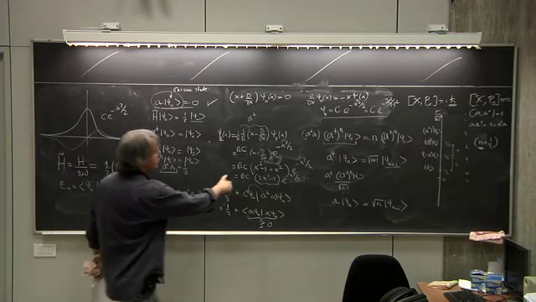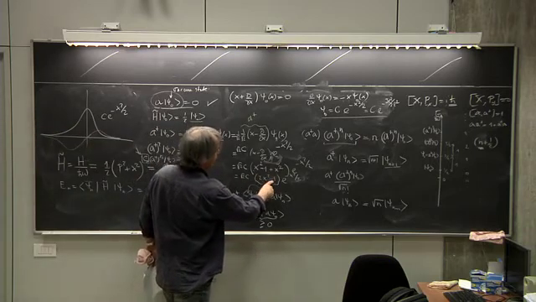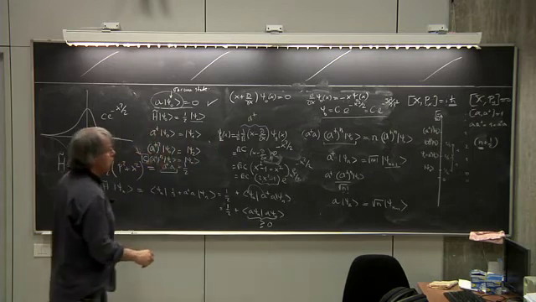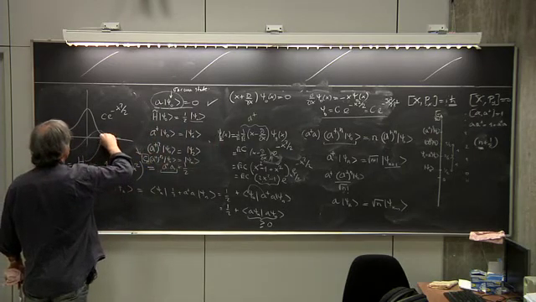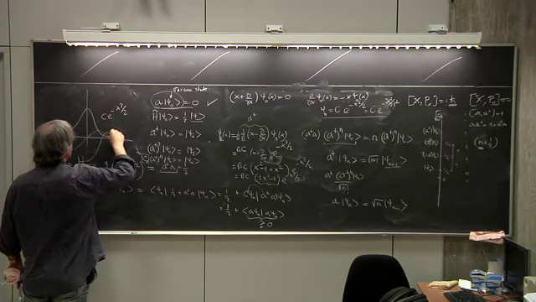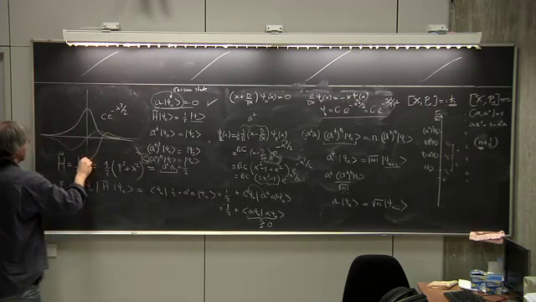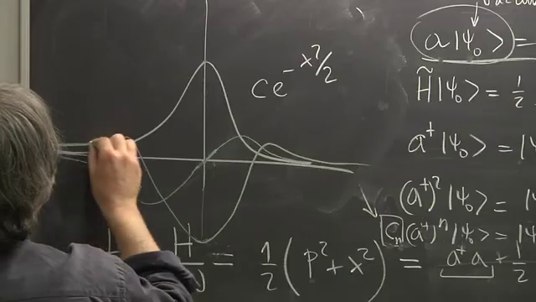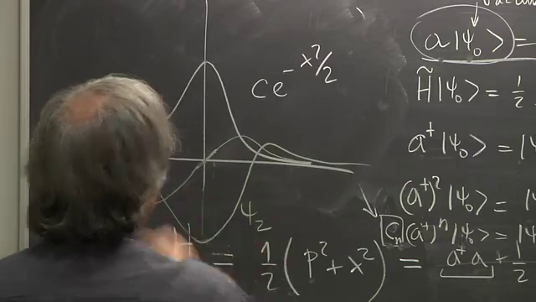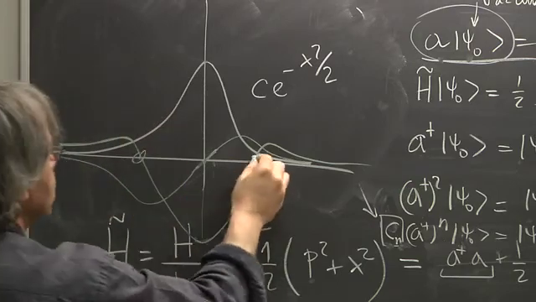But you see, this gets to 0 when x is equal to 1 over root 2. So there is actually a 0 now here, and then it does something like this, and then it's even, obviously, something like this. Okay, so this is psi 2. So you see now there are two zeros.